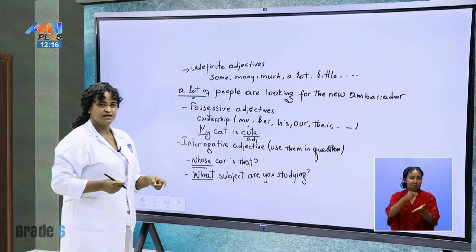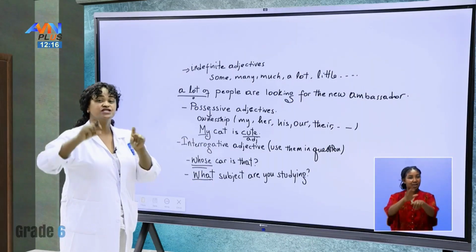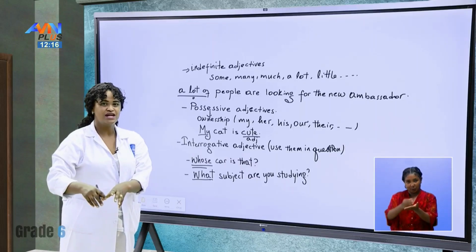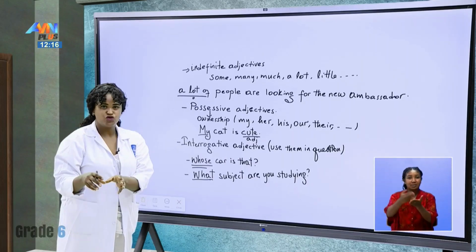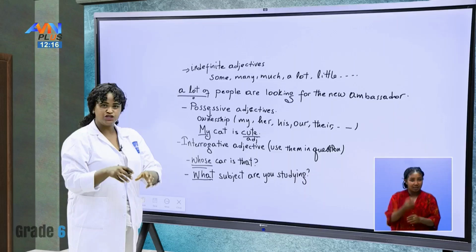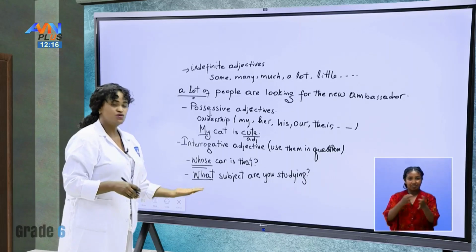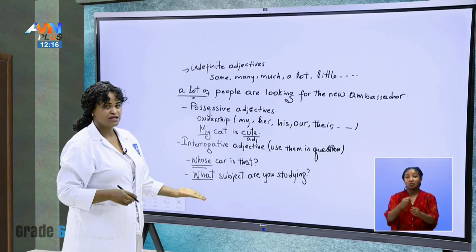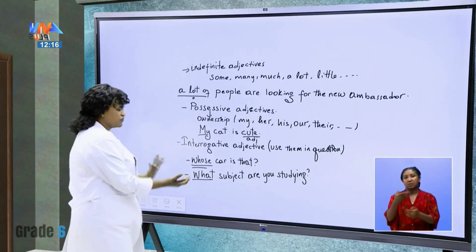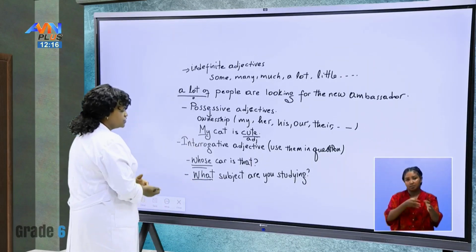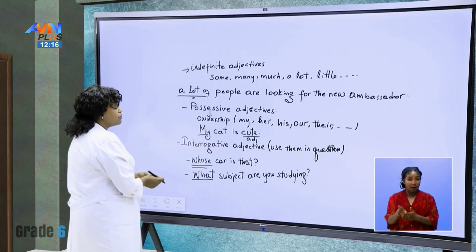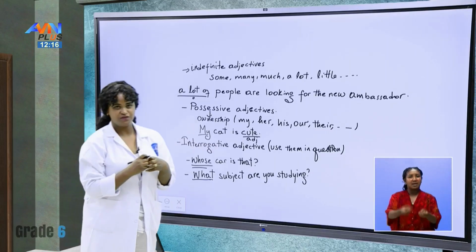You say, I am studying English subject. Subject is a noun. Then, what subject? To make it specific, I said what? English or mathematics, right? So it leads us to an answer which can tell something to specify the noun, all right? So, these are some of the many adjectives, yeah?